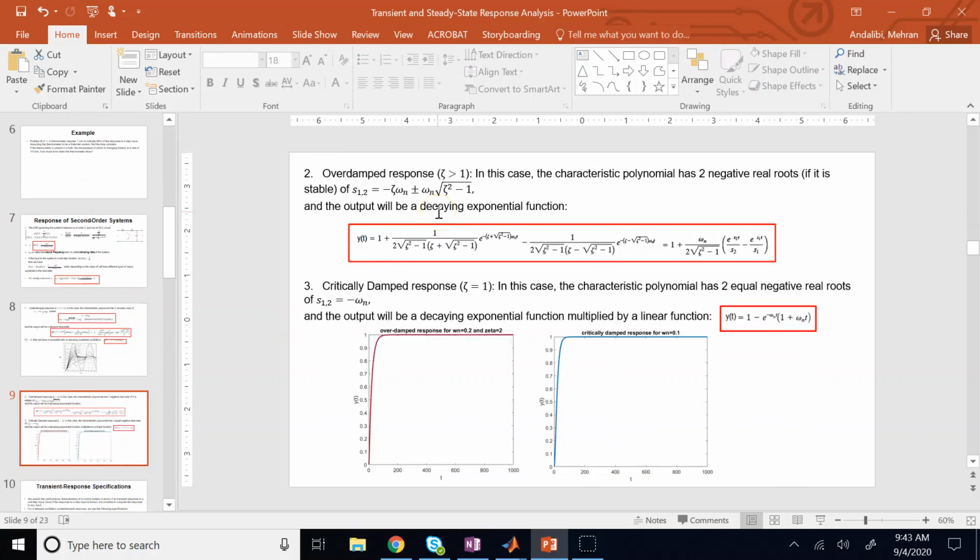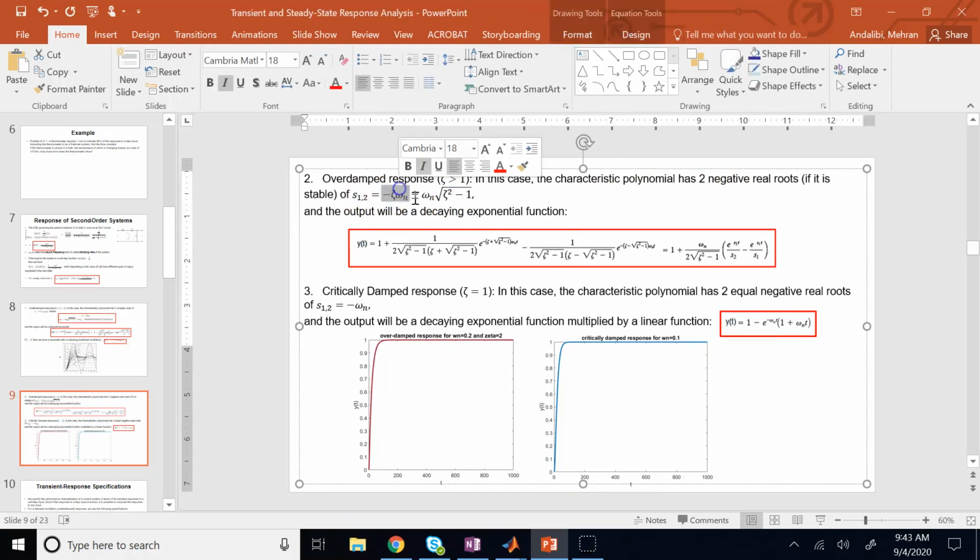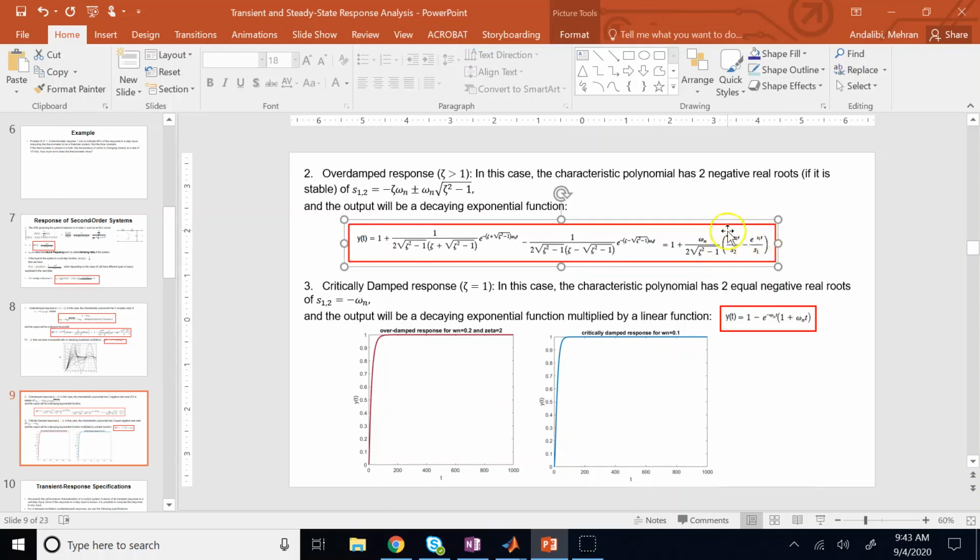Now, I told you that there are two other cases, overdamped and critically damped. So overdamped is when zeta is bigger than 1. Then you have two roots with negative real parts, and so your roots are like this: negative zeta omega n plus minus omega n times the square root of zeta squared minus 1. The output will be a combination, as you can see, of two what?